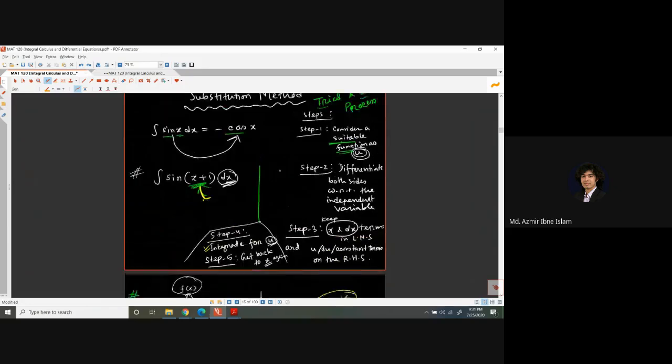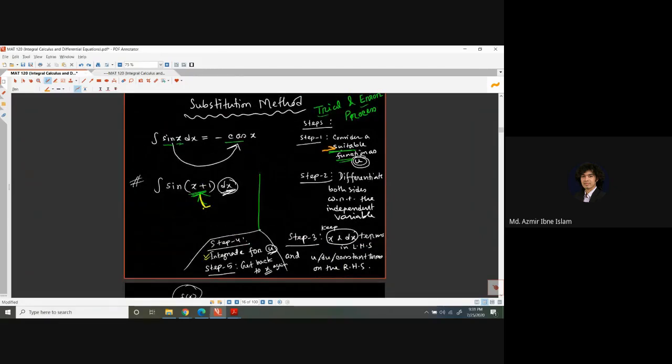But your function should be the suitable function. Suitable means that if we are able to convert that indefinite integral to our easy notation or form, then we can say that that function is a suitable function.